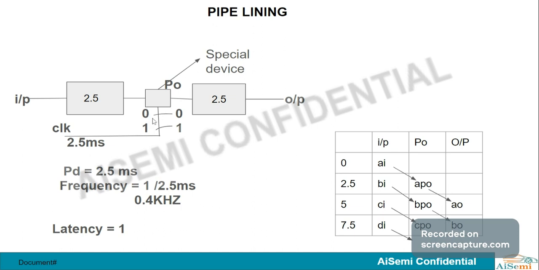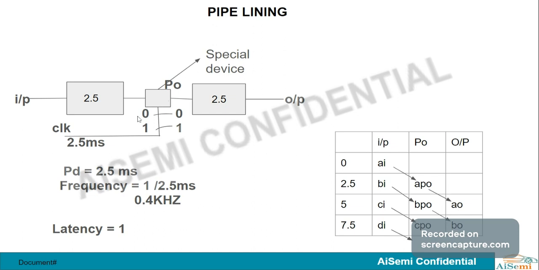This is the gate. For example, if the value on the left side is 0, it passes 0 to the right; if the value is 1, it passes 1 to the right, and it stores the value. The third point is that after storing the values, it closes the gate. This is the process of pipelining.